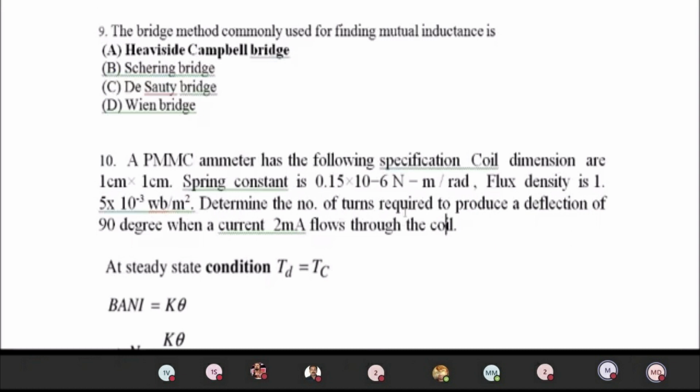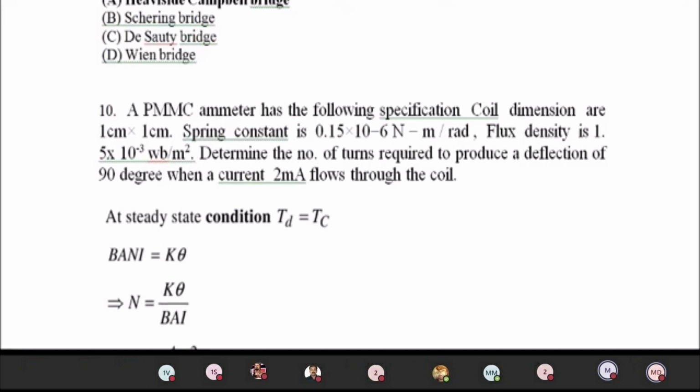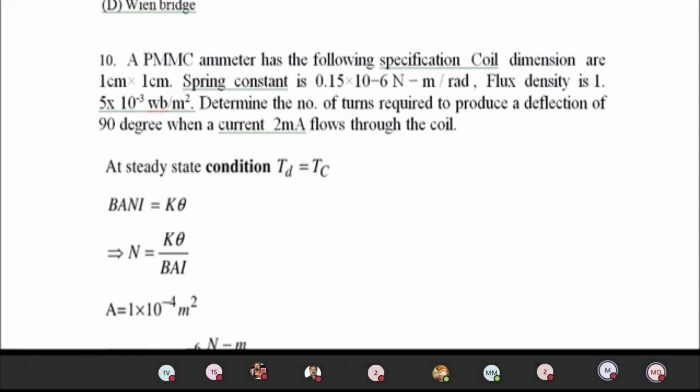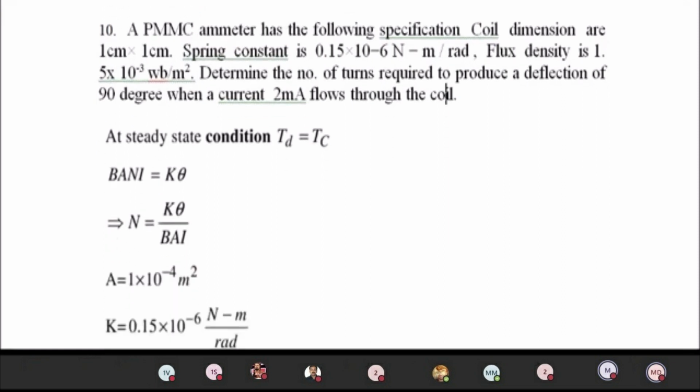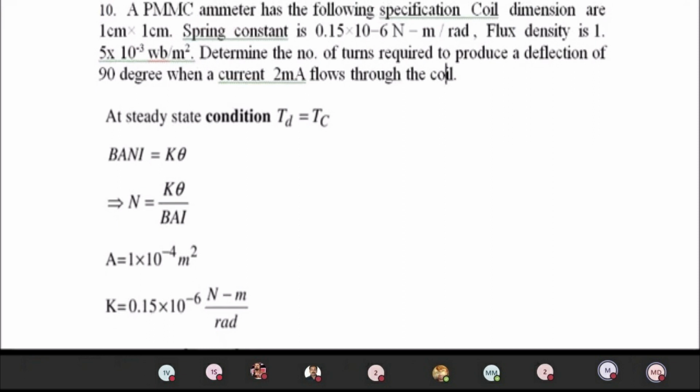Okay, and let us discuss the next question, which is another different one, for which we need some calculations to find the answer. A PMMC ammeter has the following specification. Coil dimensions are 1 centimeter by 1 centimeter, so that is the area.